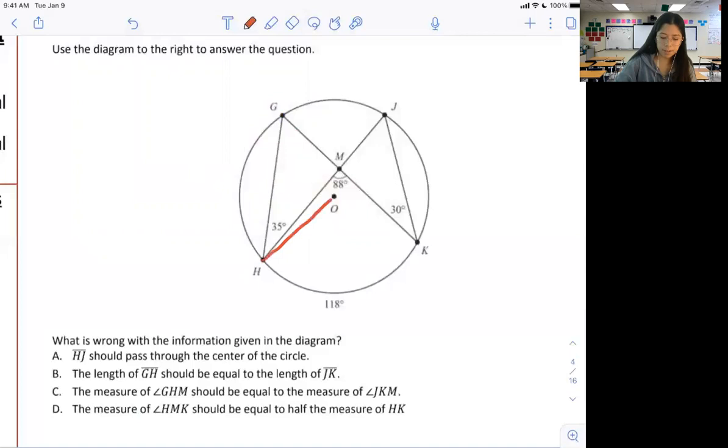So that doesn't really matter because what matters is that this needs to be 118 degrees. But there's nothing, absolutely nothing that M has to do with that arc. There's something else that is way more wrong with this picture. What's wrong with the inscribed angles?